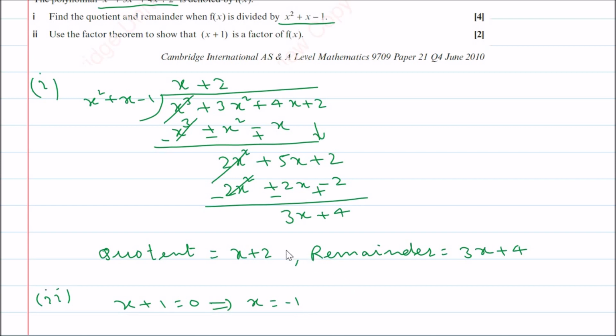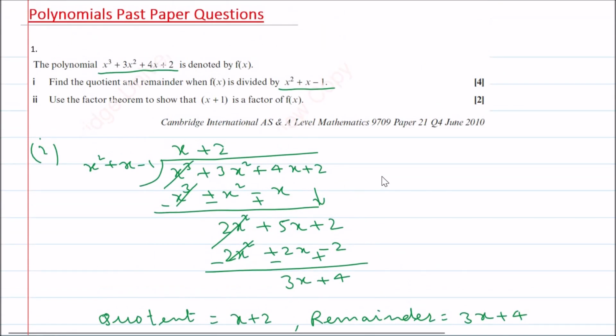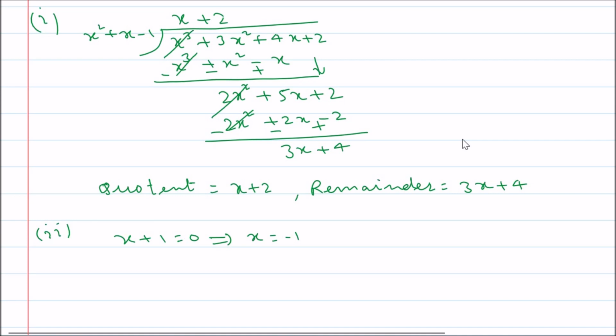Now you need to find f(minus 1), because f(x) equals x cube plus 3x square plus 4x plus 2. If we get f(minus 1) equal to 0, that means x plus 1 is a factor. So we'll show that we are getting f(minus 1) equal to 0.